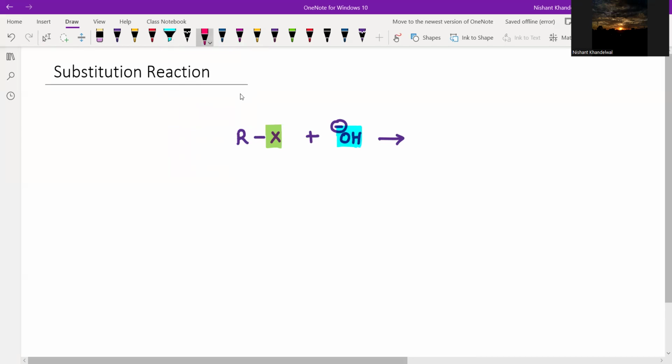Now you see, so we will be getting R OH plus X minus. So this one goes out, right? And this comes in. So one group is replaced by another group, or basically a nucleophile. X minus is a nucleophile.